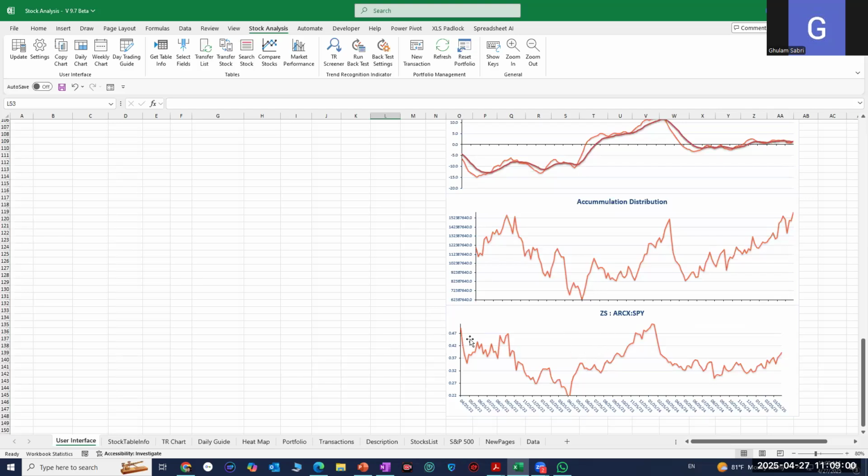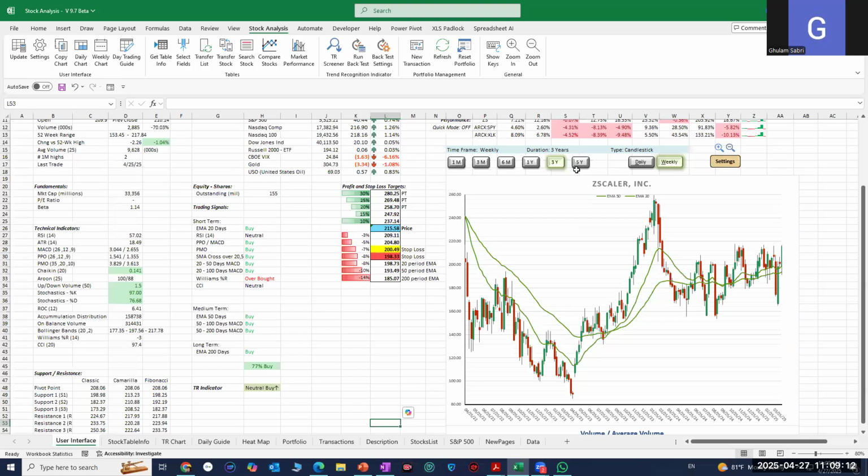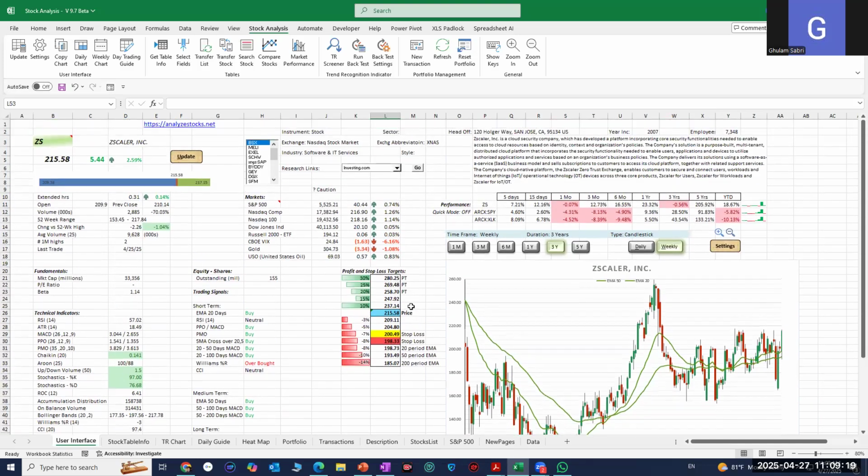For example, we want to see how ZS is performing against the broader market, which is represented by SPY, over the last 3 years, because we have chosen 3 years right here. So we can select any time frame between 1 month and five years here. You can see the performance of the company itself.